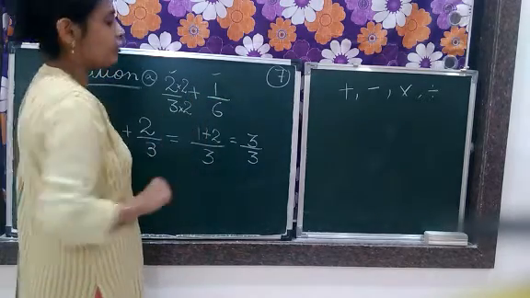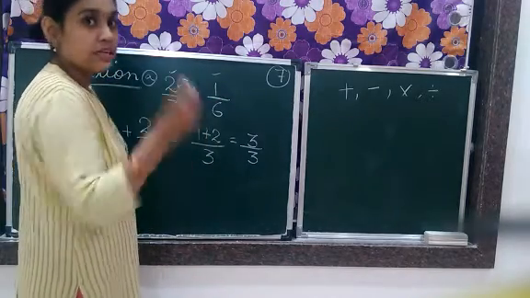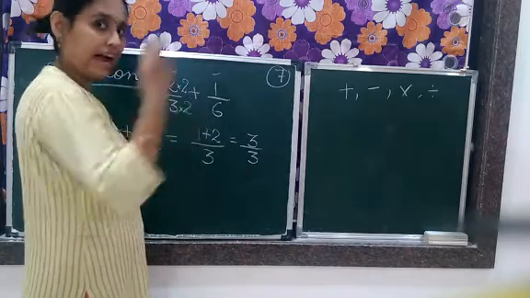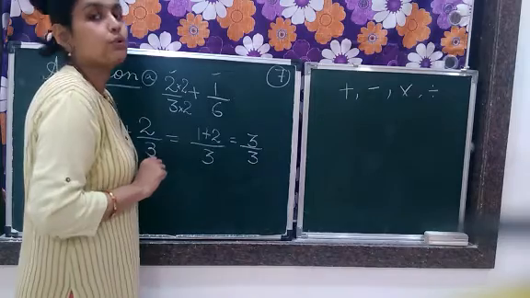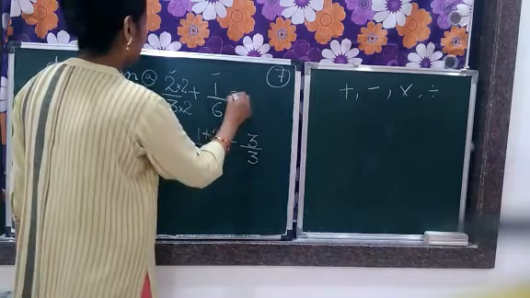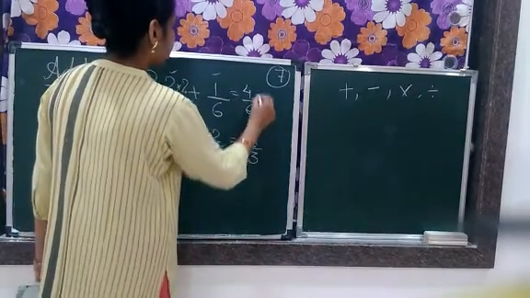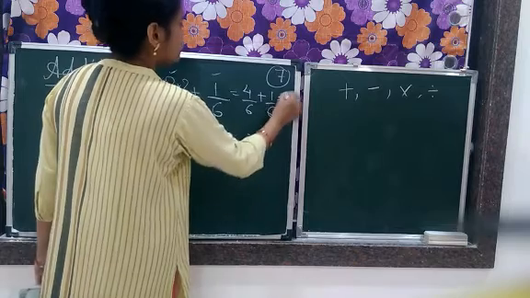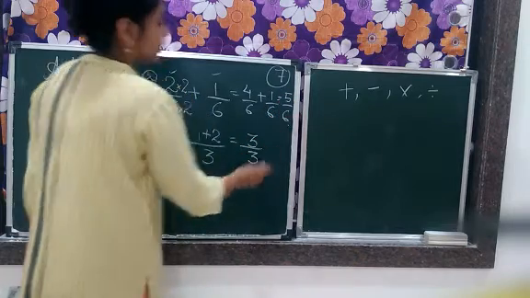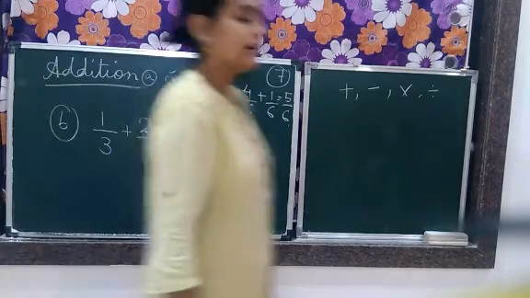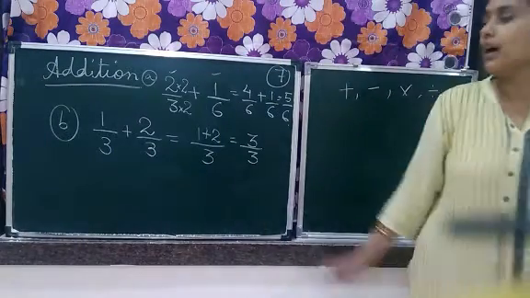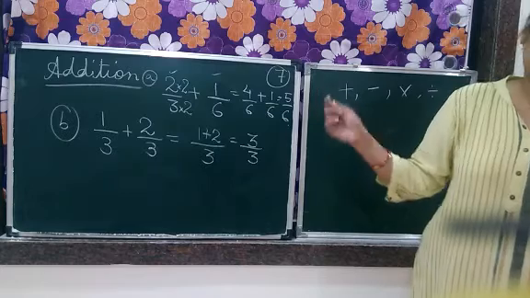Correct? So this is how we make the denominators common, and then we add the two numerators of the given rational numbers. This gives us 4 by 6 and 1 by 6, which gives us 5 by 6. So this is how we perform addition of two rational numbers.